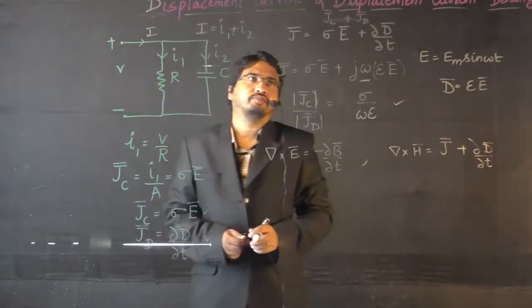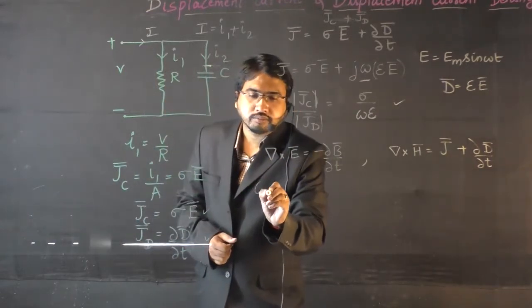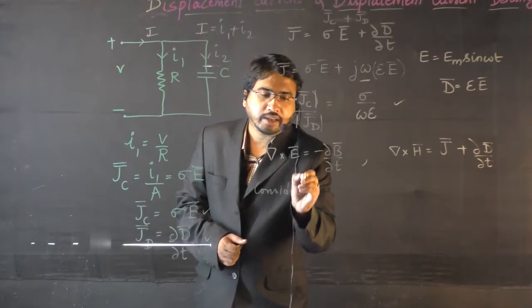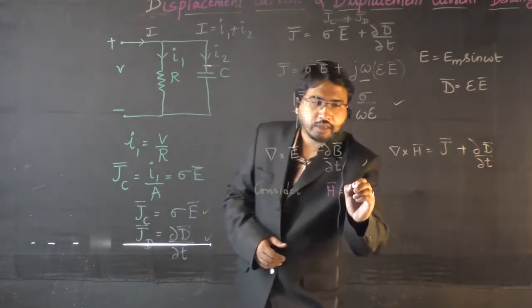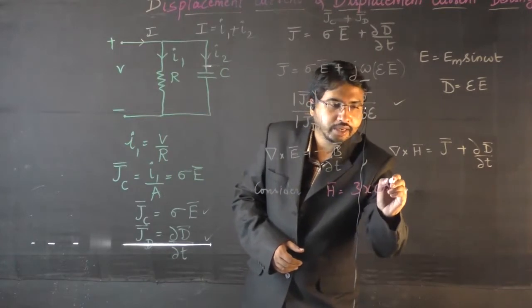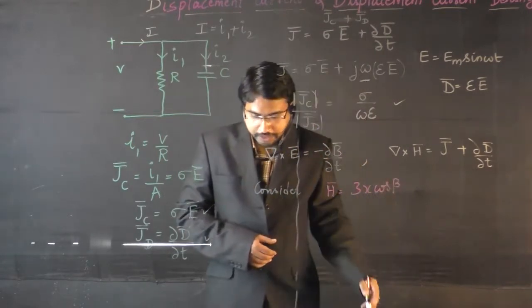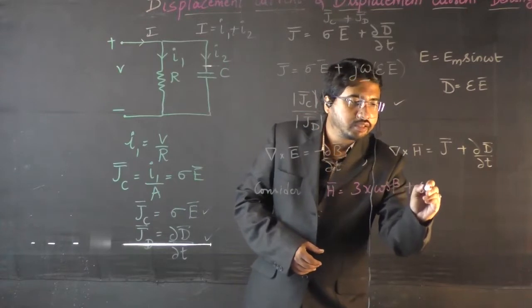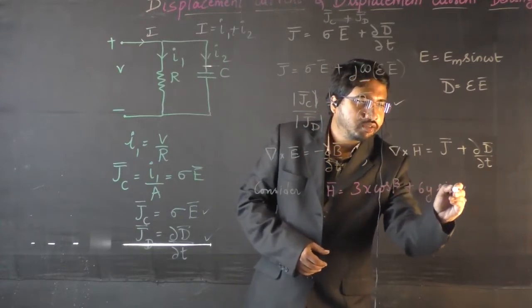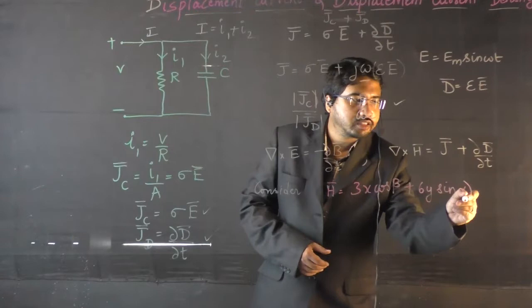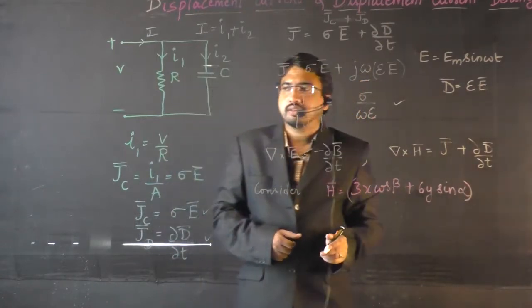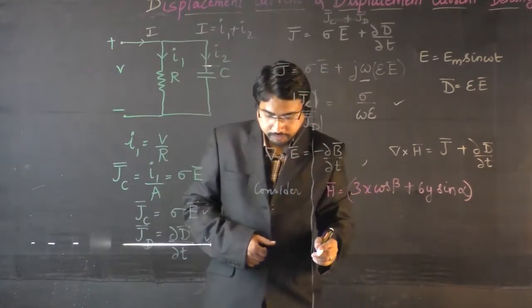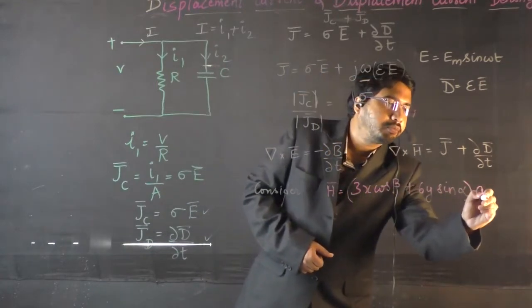They have given: consider a magnetic field with H bar equal to 3x cos beta plus 6y sin alpha into Az bar.